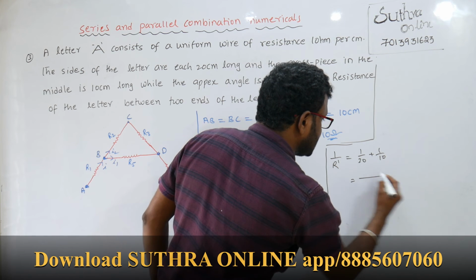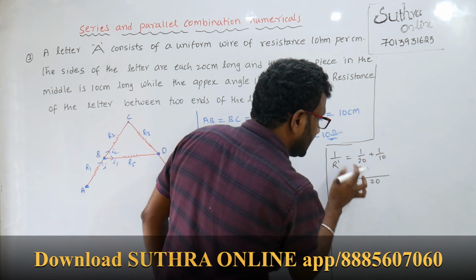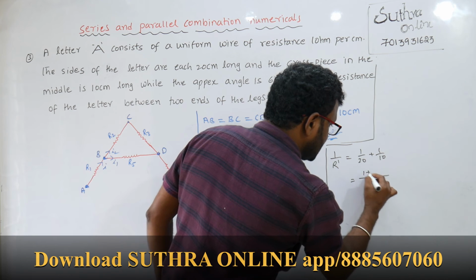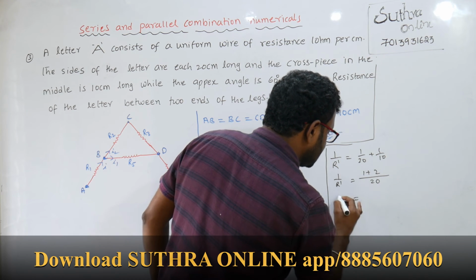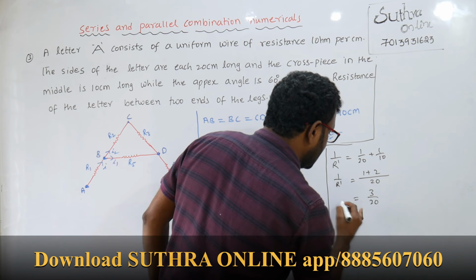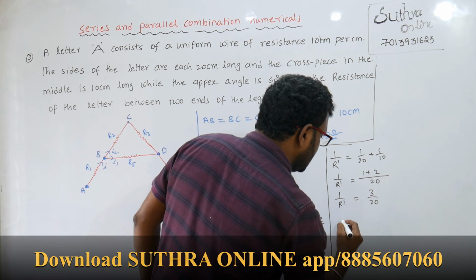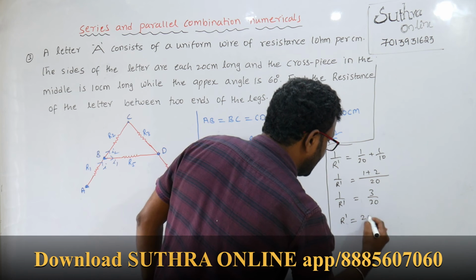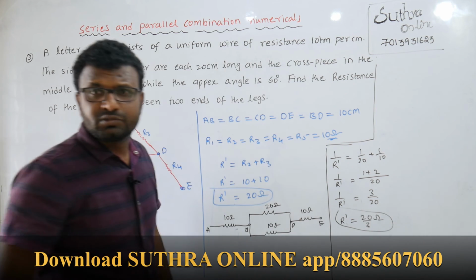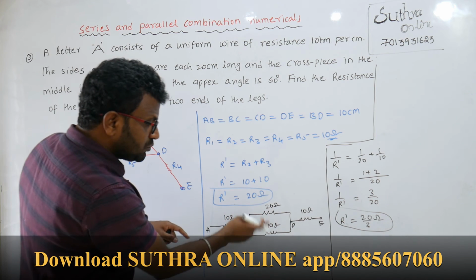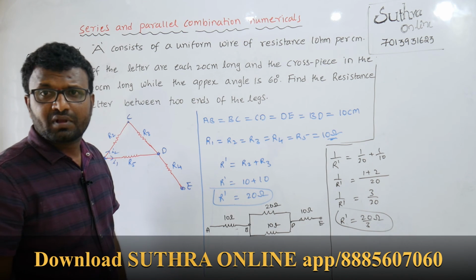Taking LCM 20, we get 1 plus 2, so 1 by R dash is 3 by 20. Then R dash is equal to 20 by 3 ohms. This is when these two are parallel to each other.